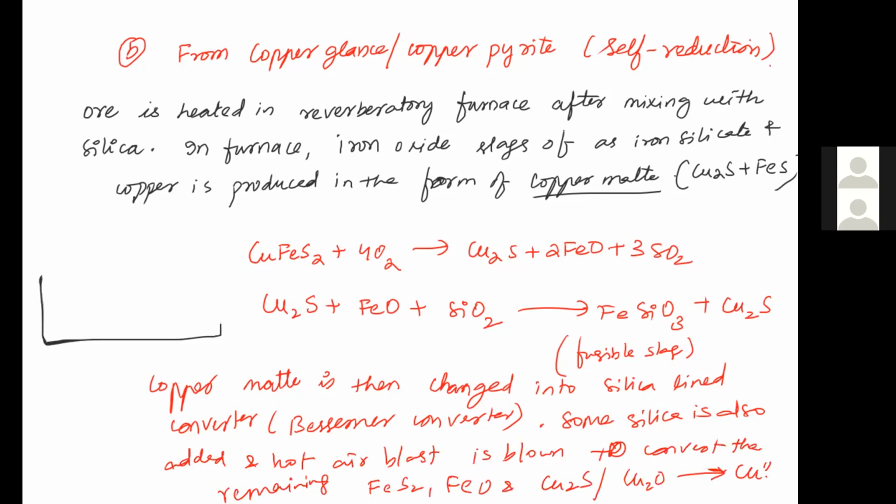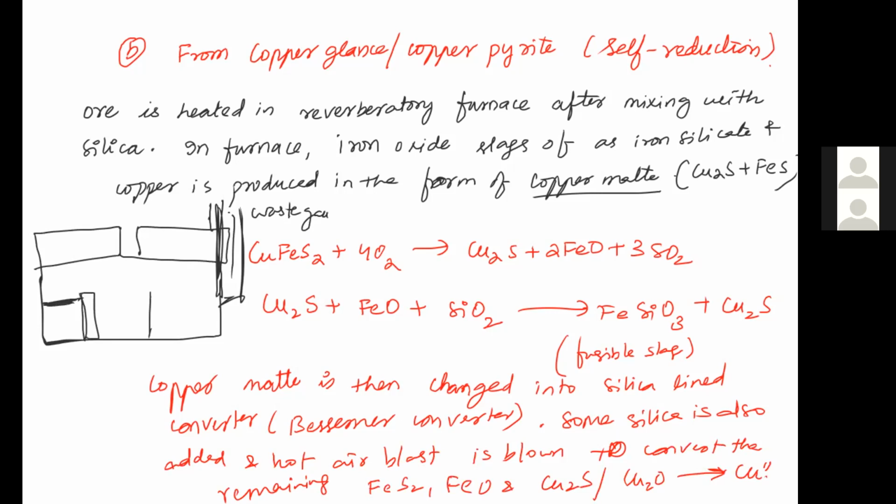So when you have like this, there's an outlet where waste gases pass through. This is the furnace. So whatever is there, it's put on this.